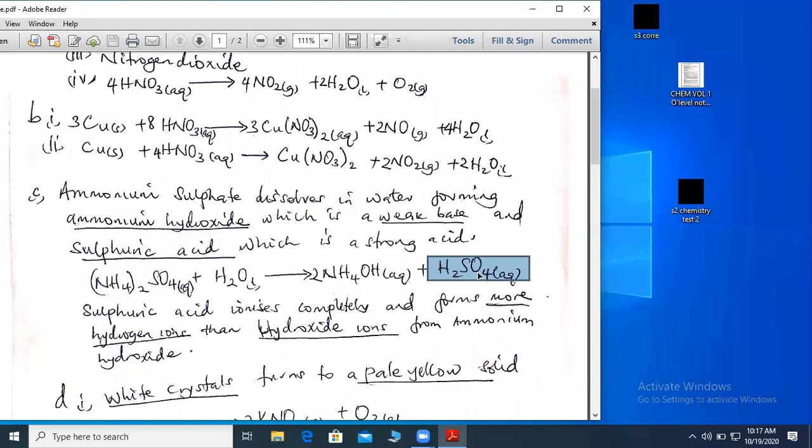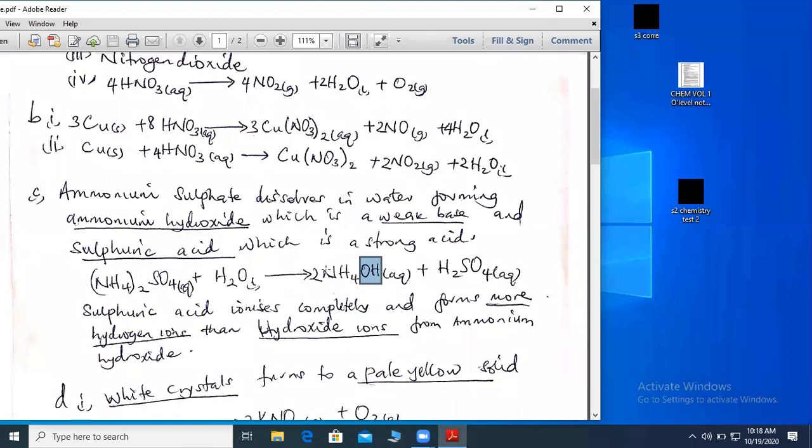So when sulfuric acid dissolves in water, it forms hydrogen ions and sulfate ions. Since sulfuric acid is a strong acid, the hydrogen ions are going to be more compared to the hydroxide ions, which are coming from a weak base.